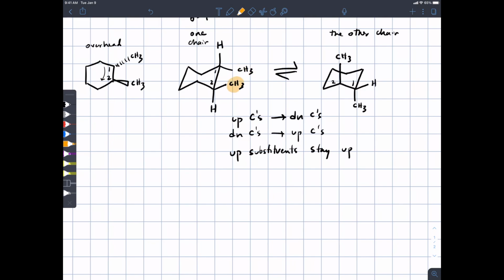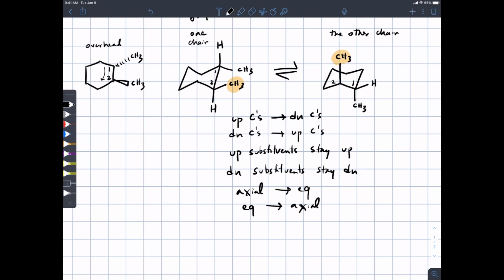This methyl group was up here. It is also up there. Down substituents, how many times can I write substituents? Stay down. But axial goes to equatorial, and equatorial goes to axial. All right, so it's a lot of things to keep track of, but you need all of those in order to get the chair right.